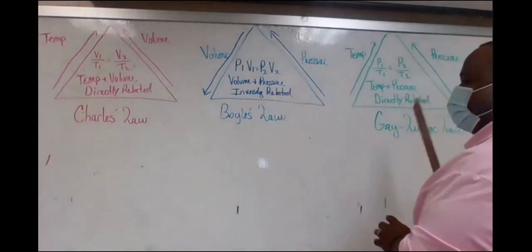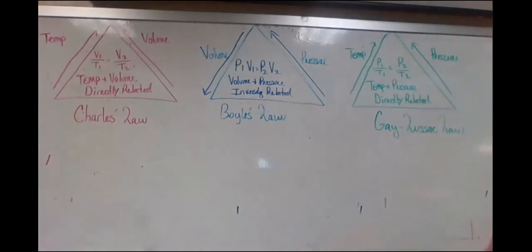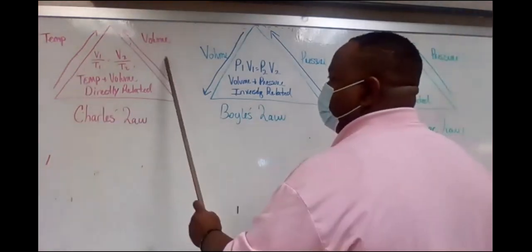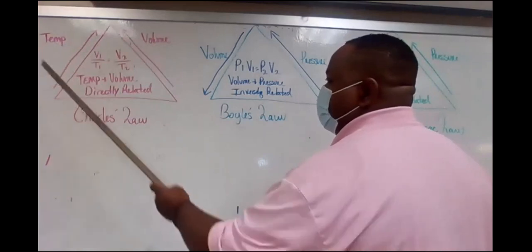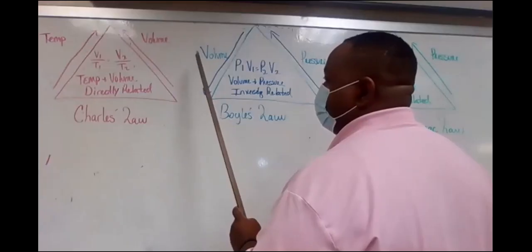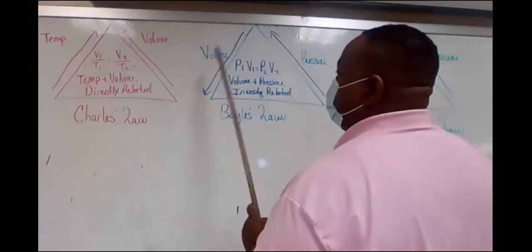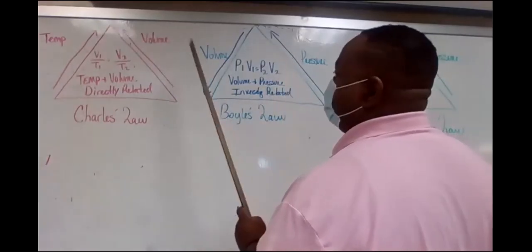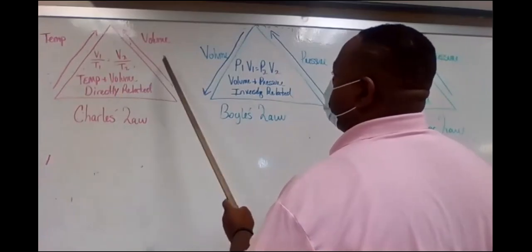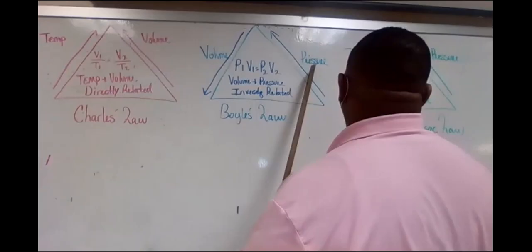It'll help you understand, okay? Now, when we get back to the notes, I'm going to talk about what's constant. So look at Charles's. Temperature and volume are directly related when pressure and what's left? Temperature, volume, pressure.